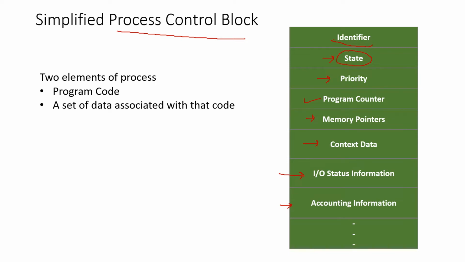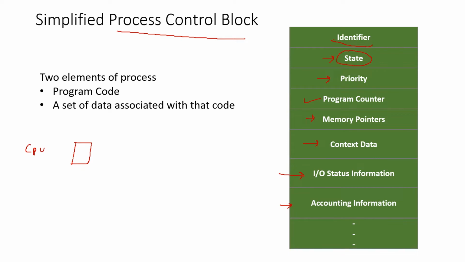Thus, we can say that a process consists of program code and associated data plus a process control block. So what is the significance of the process control block? If you remember, I had talked about page faults. So what is a page fault?